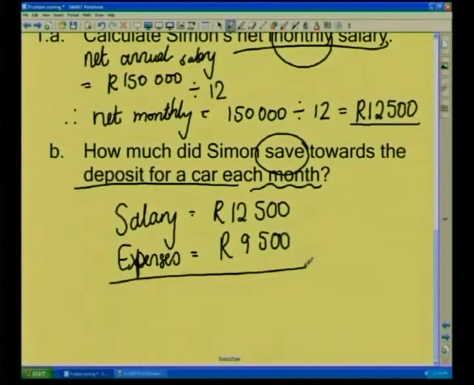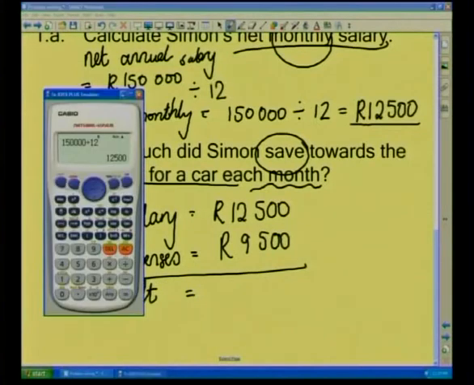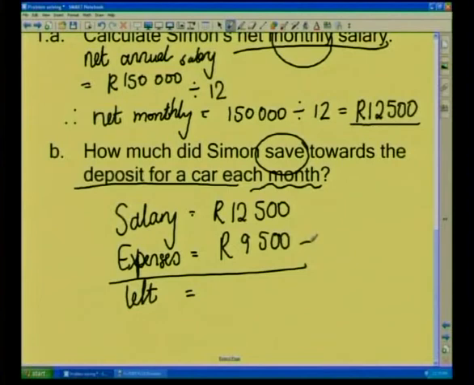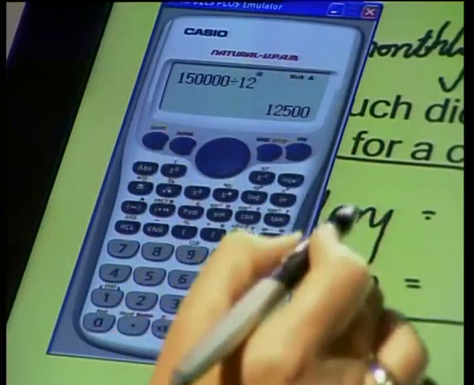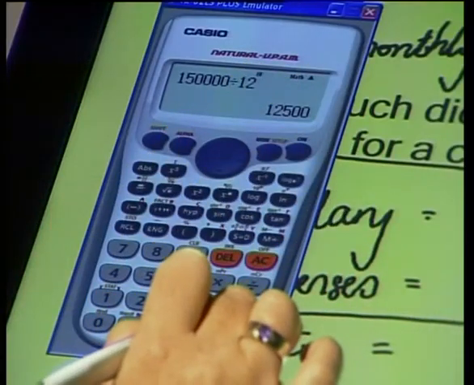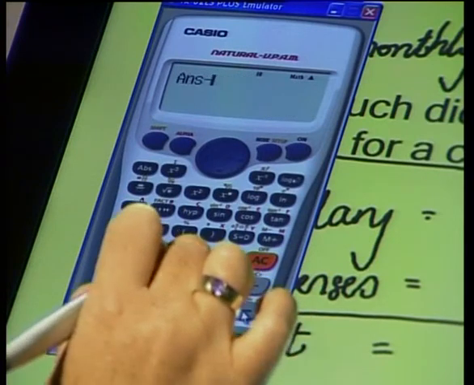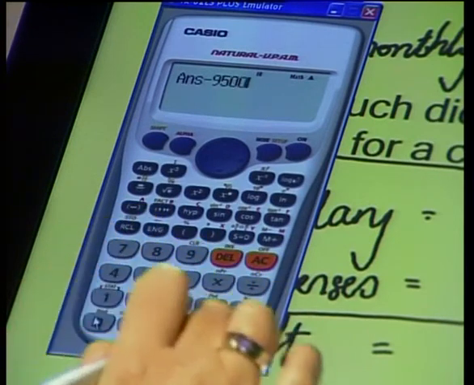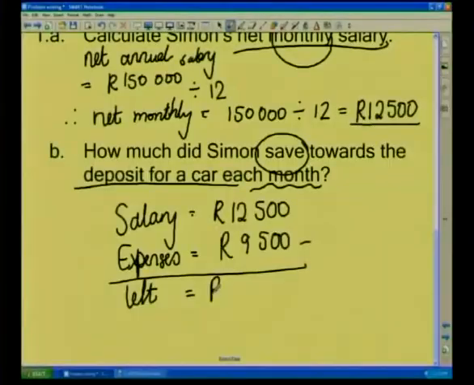So his amount that he's got left over are those two numbers taken away from each other. So 12,500, we still got that on our calculators. So we're going to take away the 9,500, which leaves him with 3,000 Rand over to save.